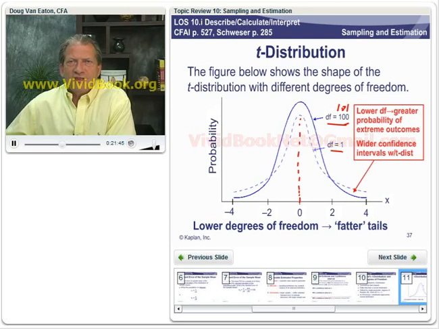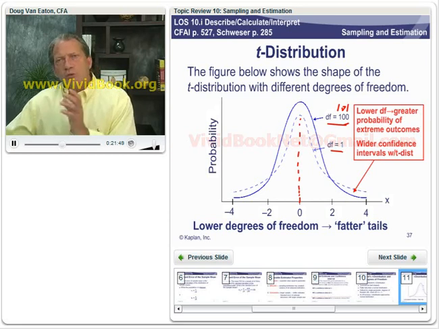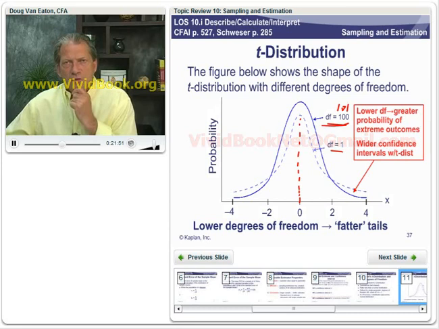So let's say I were looking at this student t-distribution with degrees of freedom equal to 100. And I drew a confidence interval. I'm just drawing these kind of randomly here, so ignore the numbers. But let's say I wanted to put a 90% confidence interval.